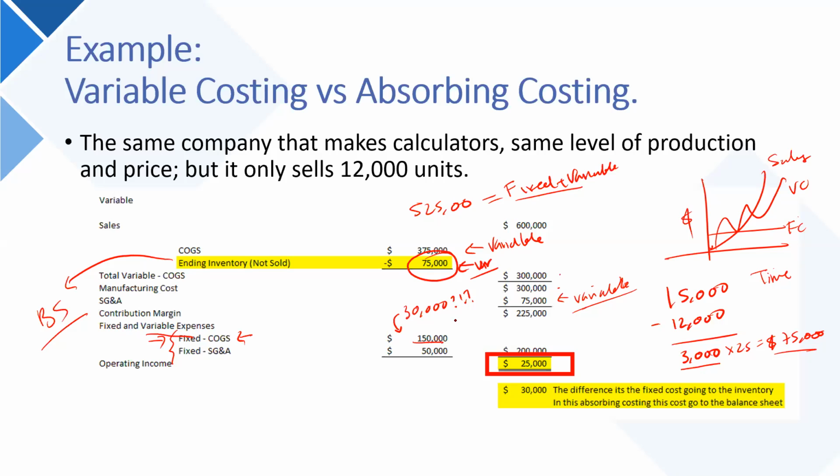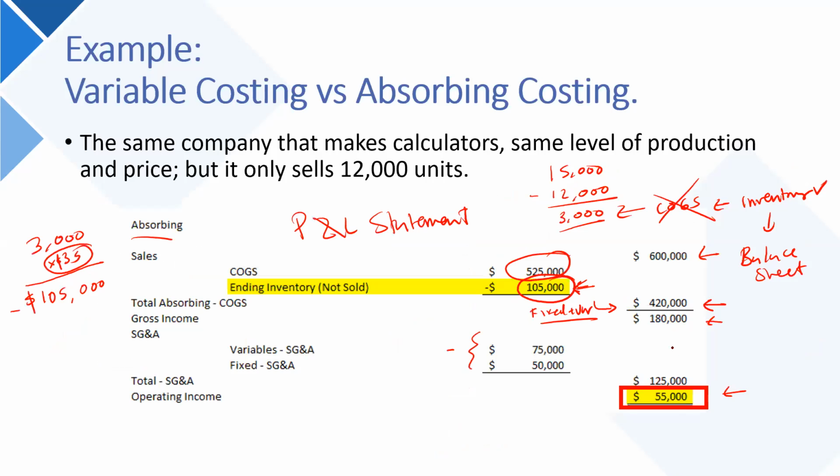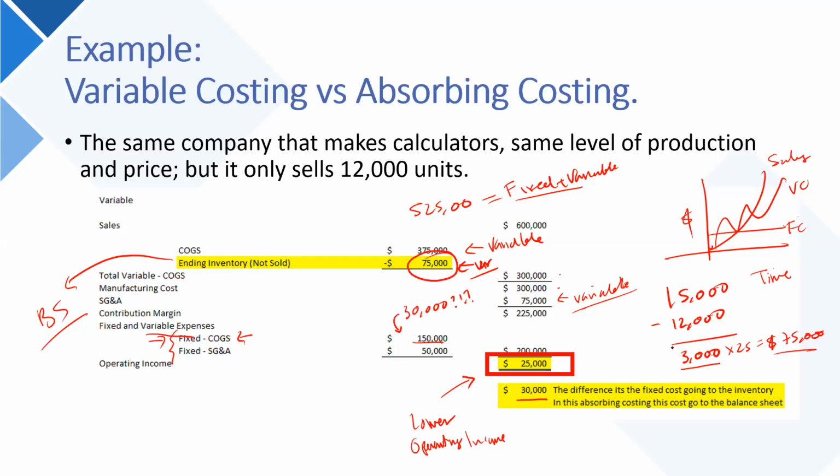So what that's going to do is that we're actually going to have a lower operating income. And the difference, which is here, is the 30,000 pesos I was telling you. It's the fixed cost going to the inventory in absorbing costing. This cost goes to the balance sheet as inventory. In the other statement, it is listed as a period expense.